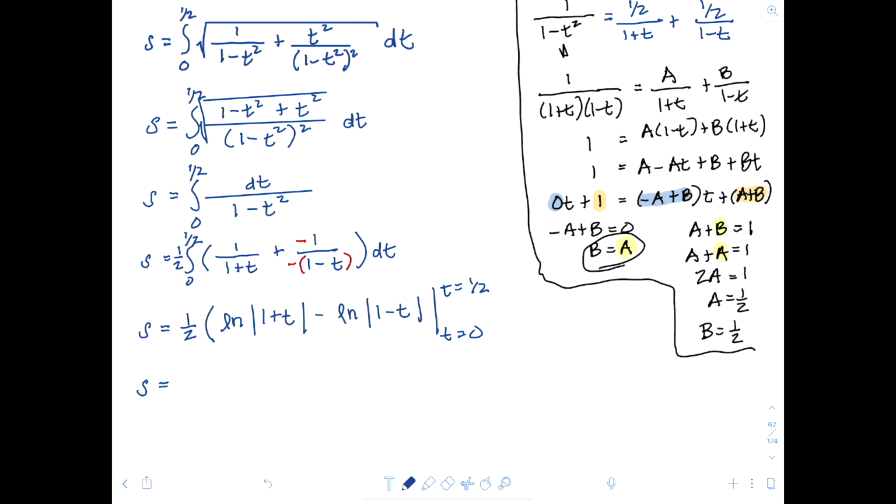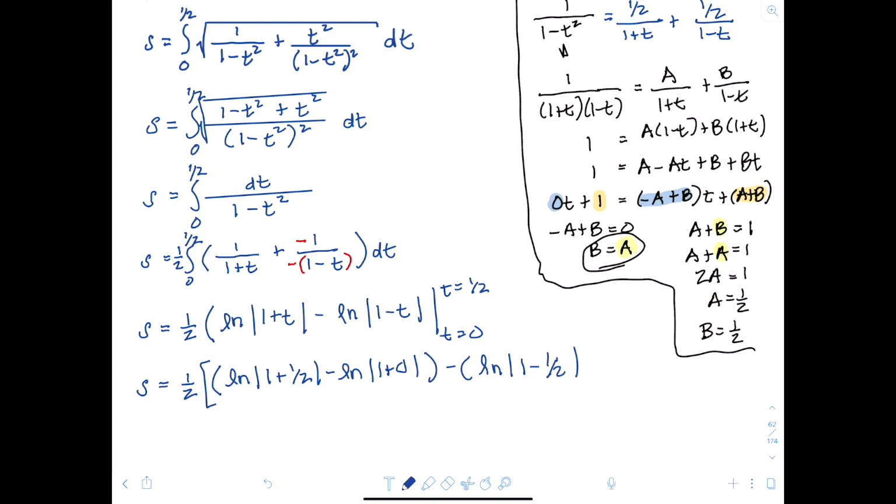So S will be equal to 1/2 times natural log absolute 1 plus 1/2 minus natural log absolute 1 plus 0 minus natural log absolute 1 minus 1/2 plus natural log absolute 1 minus 0.